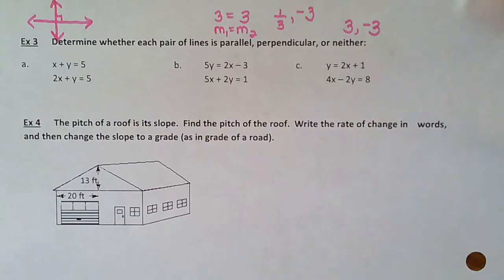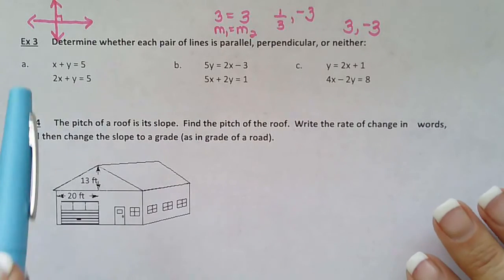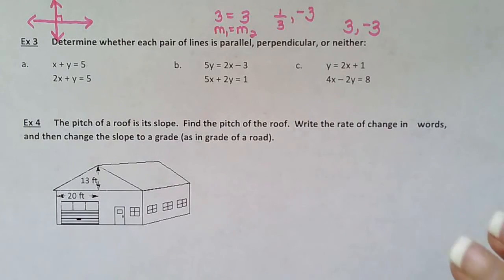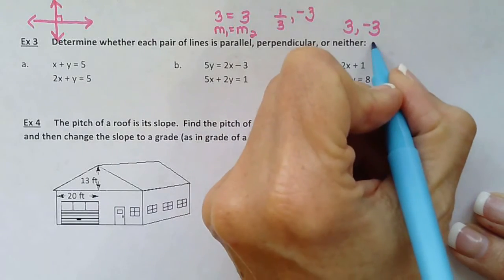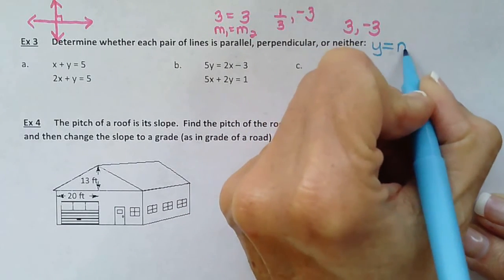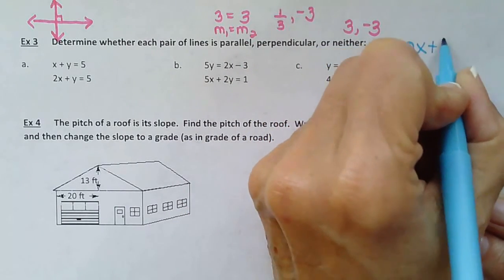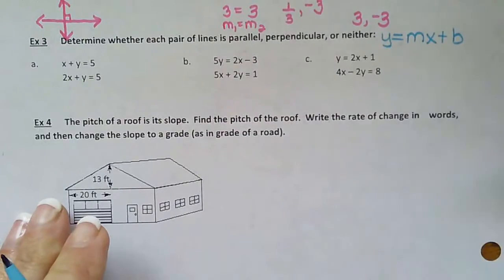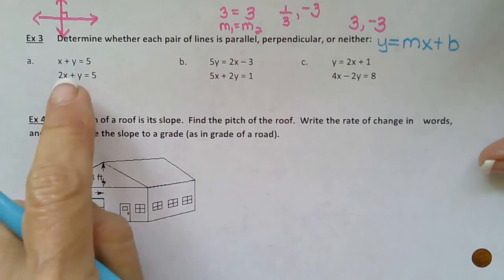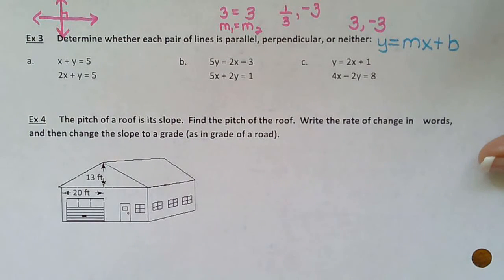Well, in the exercises above, example 2 that we just did on the last video, we learned that if you want to know the slope and y-intercept, you have to solve the line for y. You have to make it look like y equals mx plus b. I can't just look at an equation and go, oh, the slope is blank. Can't tell by just looking.